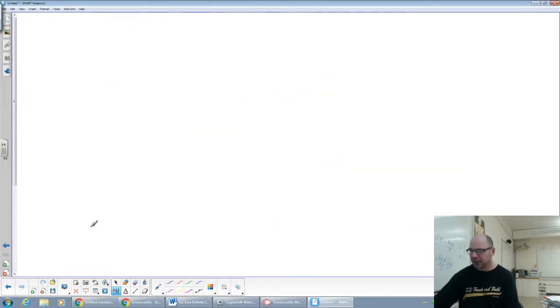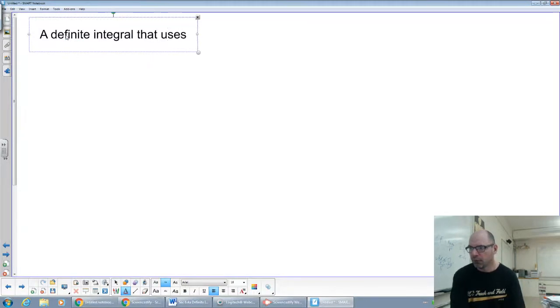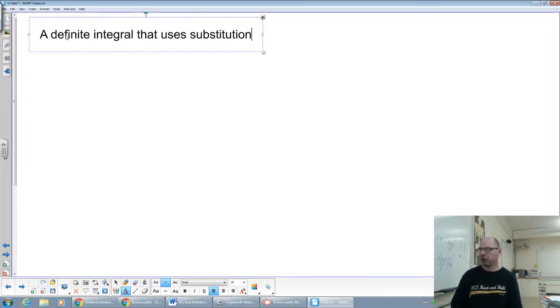This would be an example of a definite integral using substitution. This is where you plug in the u value. So let's say I had something like this.